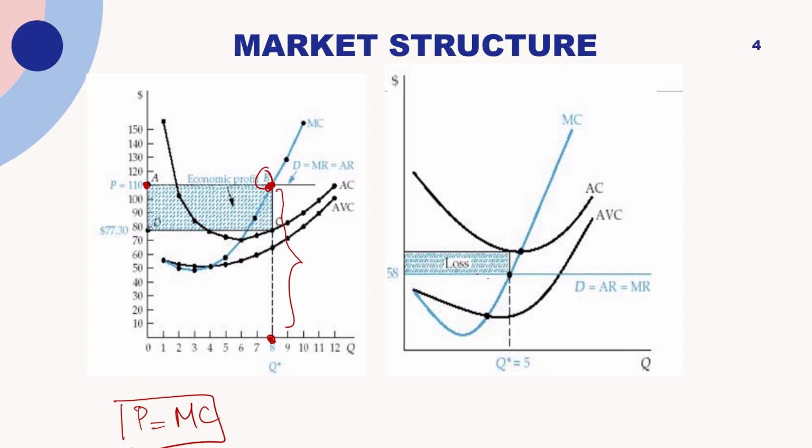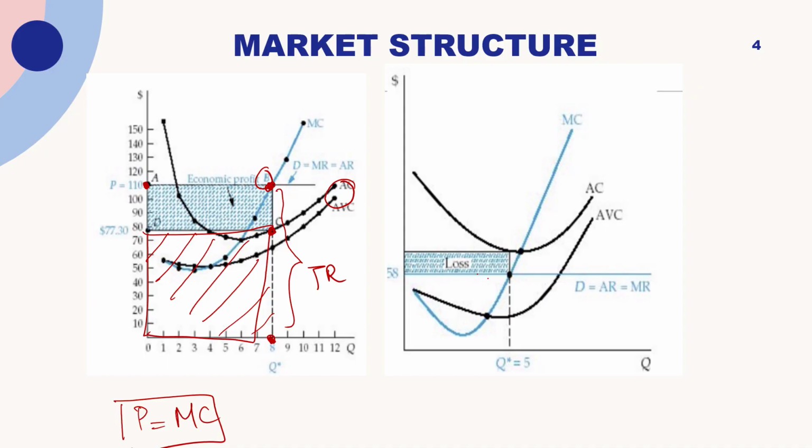So this part will be your total revenue. And this part will be the total cost. Why? Due to average cost. See, this average cost is coming in line with the quantity.